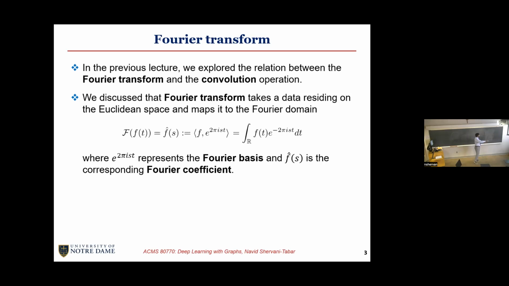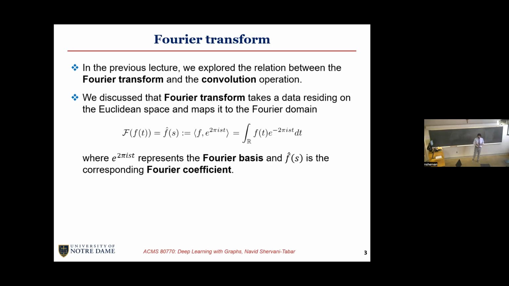The Fourier bases here are these exponential terms, e to the 2 pi i s x, in this integration. This means that we're expanding the signal f into Fourier bases, and the output is called Fourier coefficients.